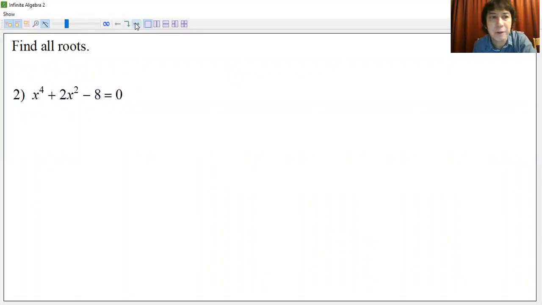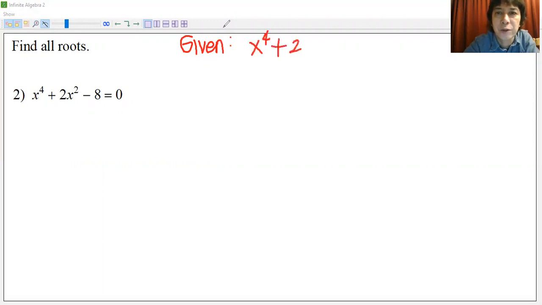Okay, here's the second number. Find all roots. X to the fourth plus 2x squared minus 8 is equal to 0. Let us write the given. This is x to the fourth plus 2x squared minus 8 is equal to 0. Okay, again, we can use the substitution. We can use any substitution letter, say u.